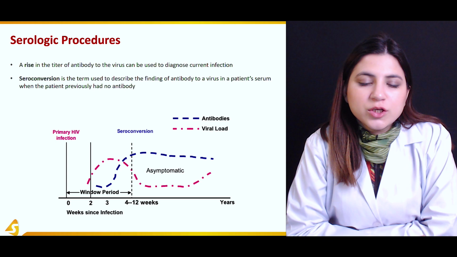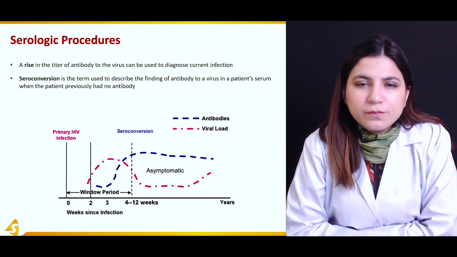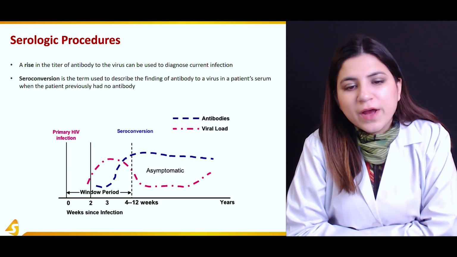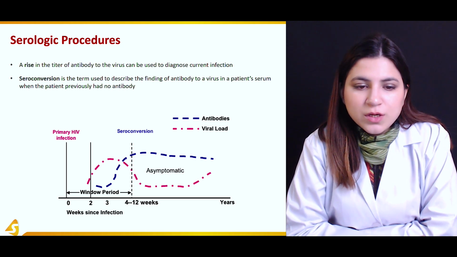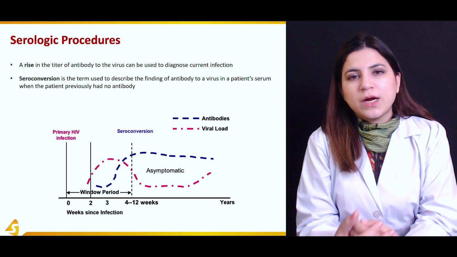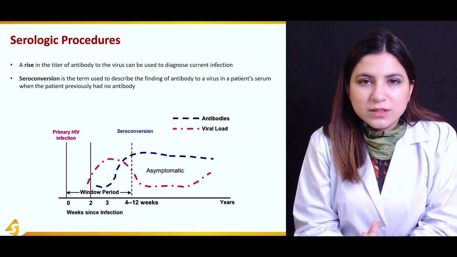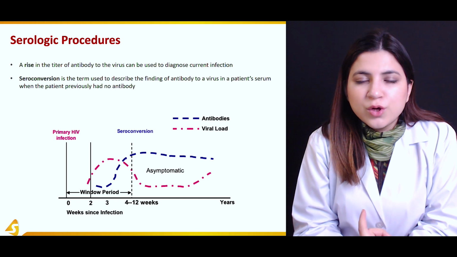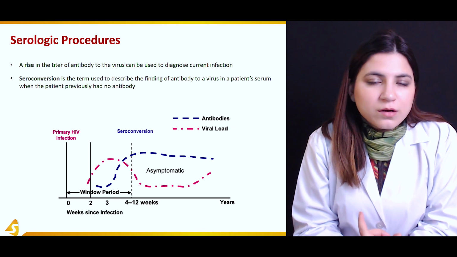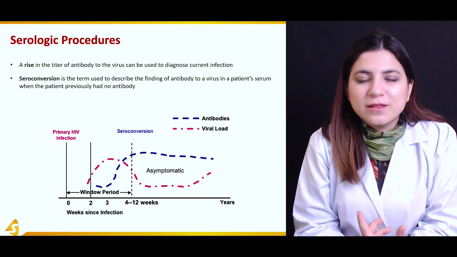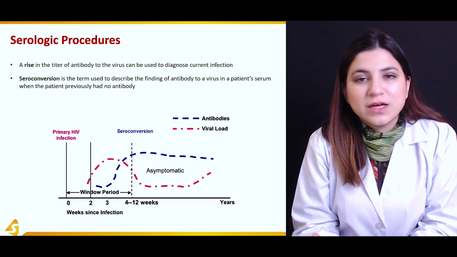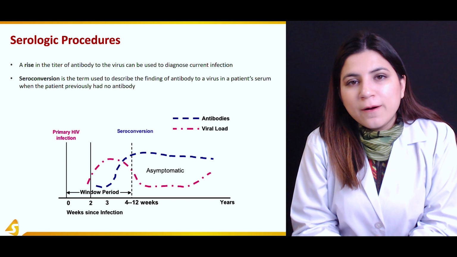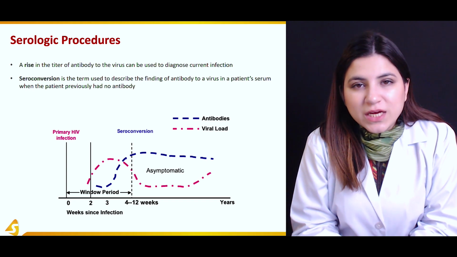Then we have serologic procedures. A rise in the titer of antibodies to a virus can be used to diagnose a current infection. We know that if a virus is present inside the cell, then antibodies are going to start forming, and the titer of those antibodies will increase because of an ongoing infection, and that's your body's way to fight against that virus.